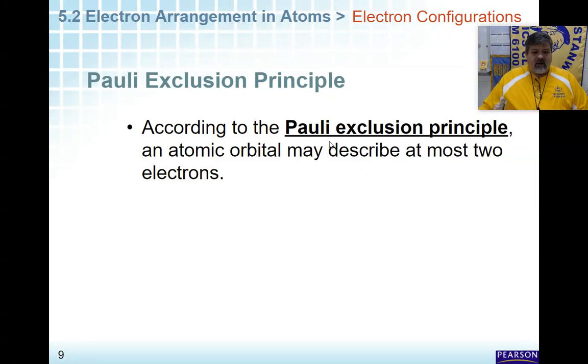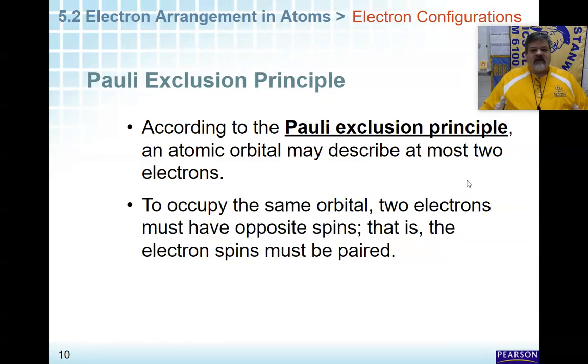Now, the Pauli exclusion principle basically says that an atomic orbital may describe at most 2 electrons. So each orbital can only hold 2 electrons. But notice here that it says they have opposite spins.